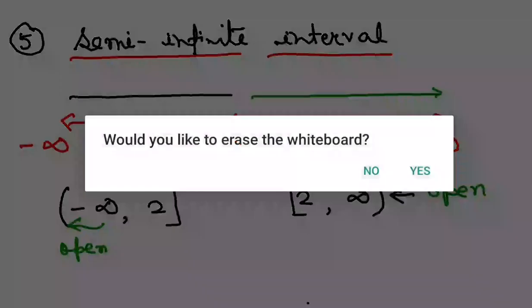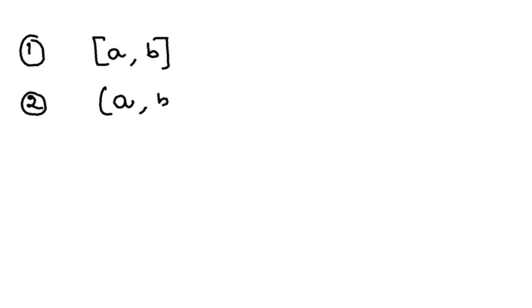Okay, so if we summarize all these concepts, the first one, closed interval a comma b, everything between a and b and also a and b. Open interval a comma b, everything between a and b only, a and b are excluded. Semi open like this, b is included.